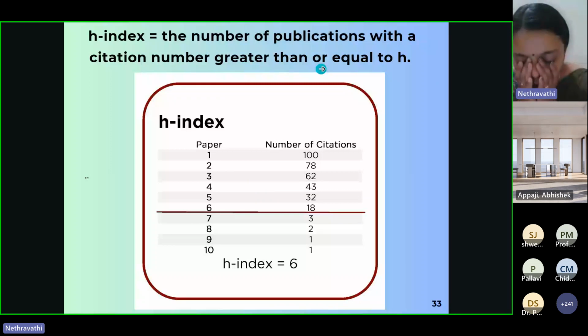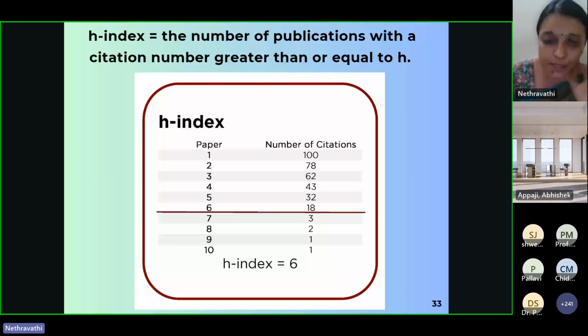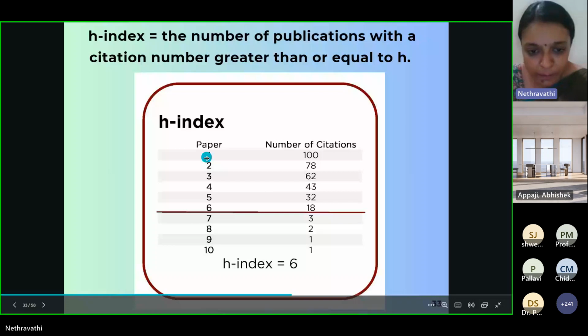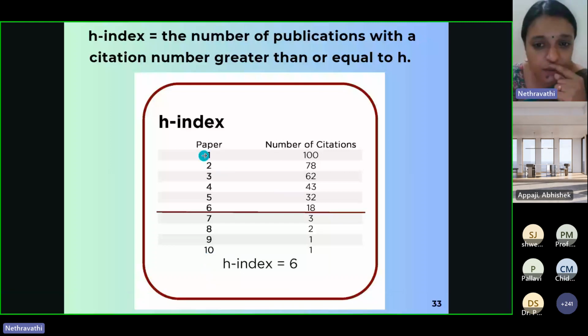What you have to basically do is take all your publications, arrange them and number them, like 1 to any number. Place them in this order, and for each paper you will have citations.